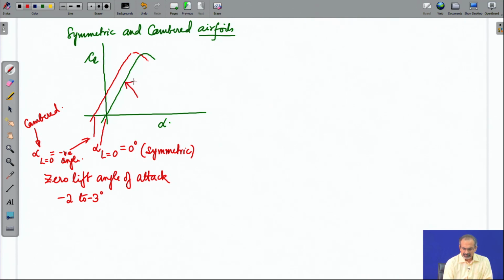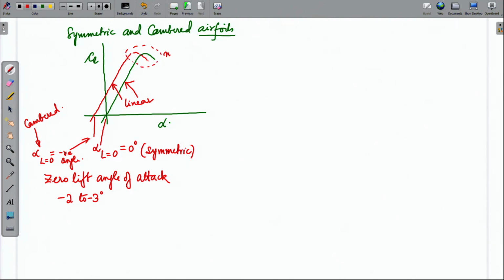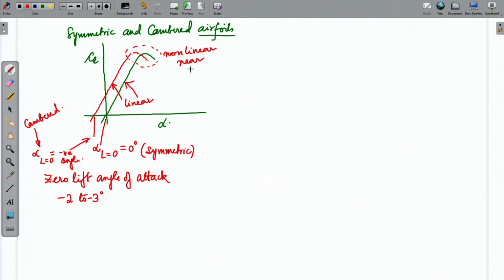You can find that at the lower angles of attack or low to moderate angles of attack, the CL variation is linear. It becomes non-linear as it approaches the stall angle. The maximum CL that it generates is called CL max.